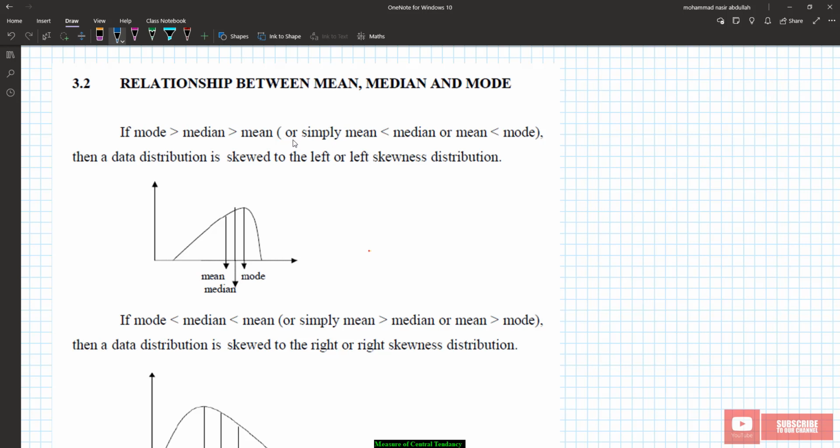If mode is more than median, more than mean, then we can have a skewed to the left distribution. Let's say we have this not really accurate graph.